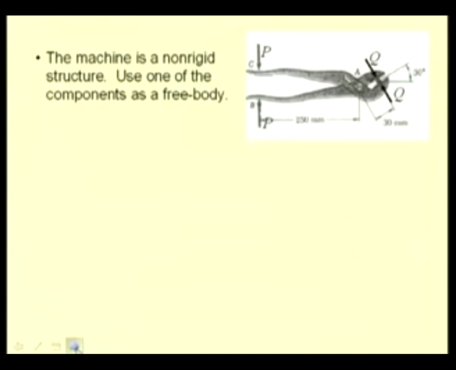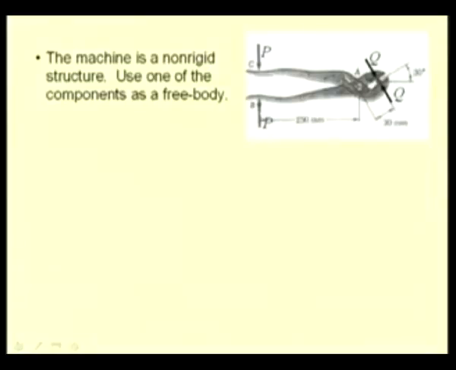So, let us consider this problem. We use one of the free body diagrams, since I have mentioned that machines are movable, the individual components move, and so we cannot consider the complete machine as a rigid body. So, we have to only consider constituent members which are rigid.